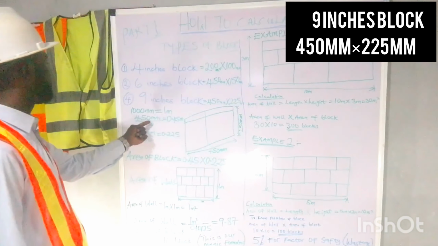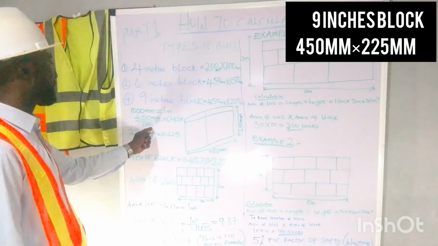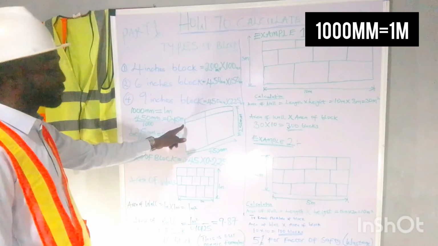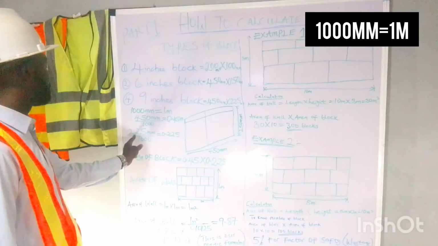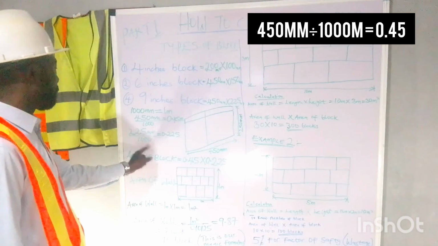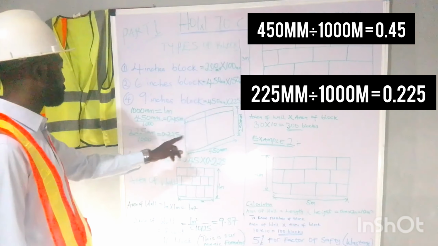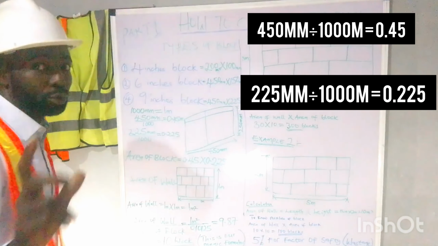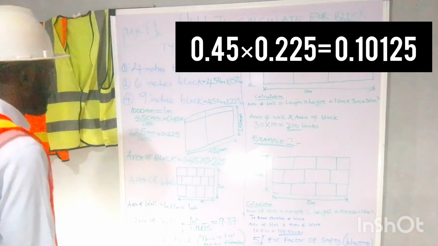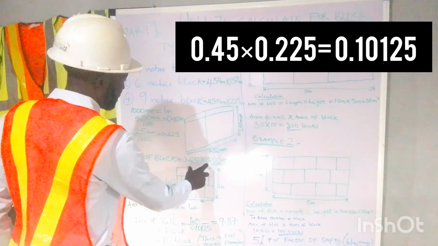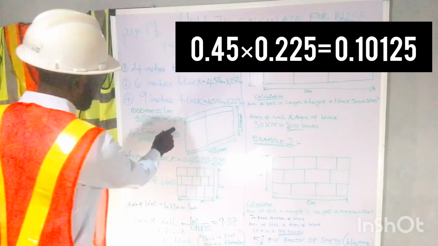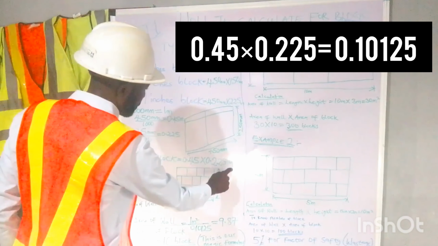So 450 mm divided by 1000 gives us 0.45 meter, and 225 mm divided by 1000 gives us 0.225 meter. Now, to know the area of the block, we say 0.45 times 0.225.